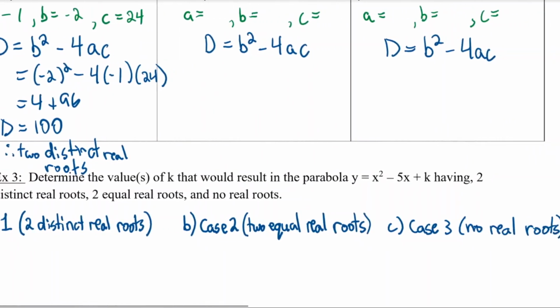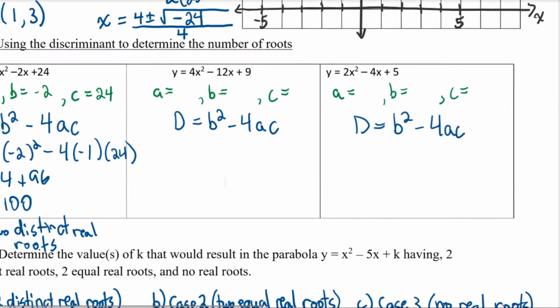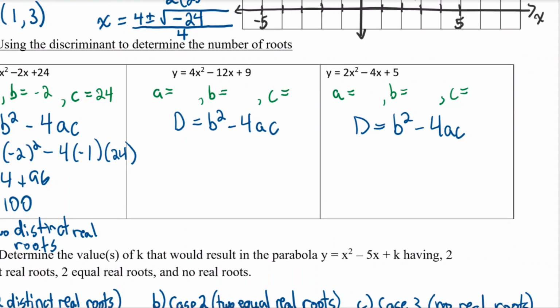All right, so there's that one. Now let's look at our second example. In our second example, we saw that there were 2 equal real roots. We only had 1 x-intercept, if you recall. So let's once again use our discriminant. It's way faster to answer this type of problem. So we got 4, -12, and 9 for our a, b, c values.